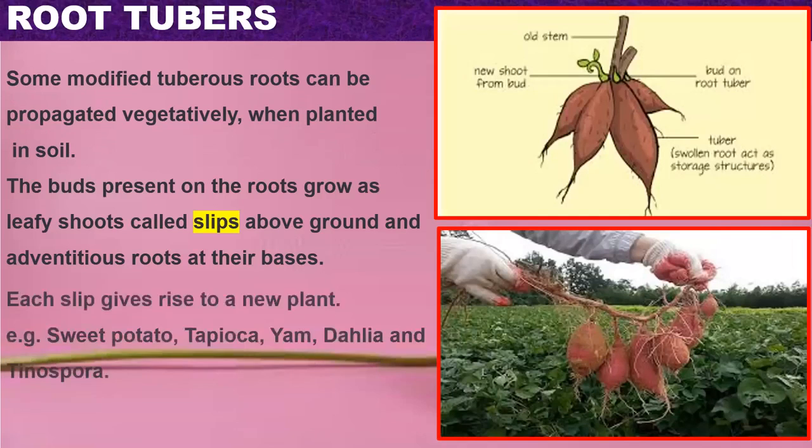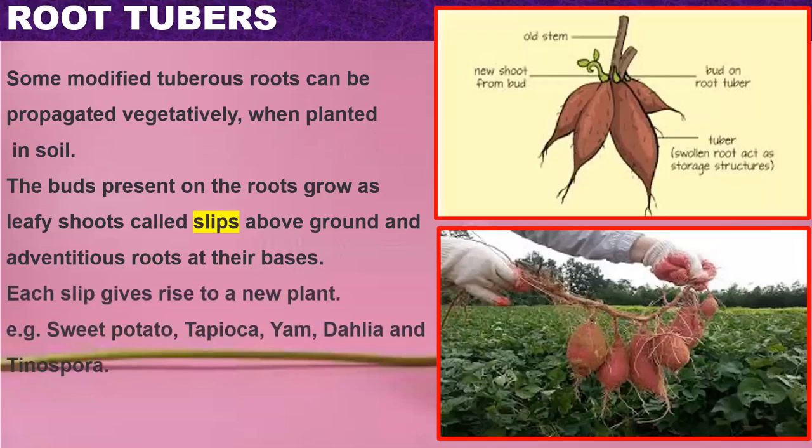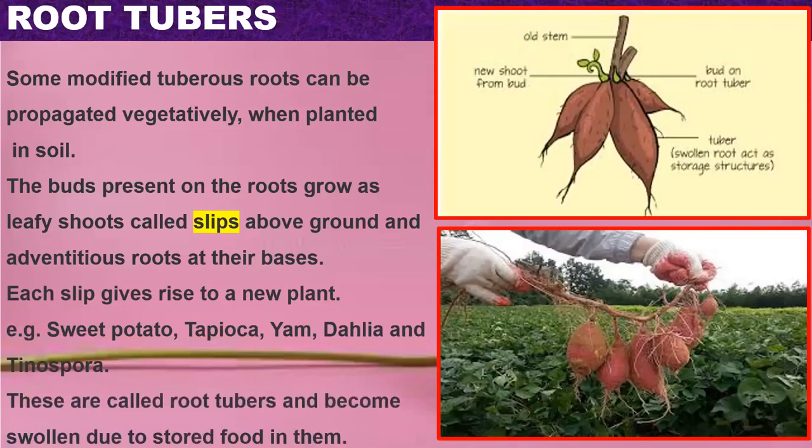Each slip gives rise to a new plant. Example: sweet potato, tapioca, yam, dahlia, and tinospora are some examples of root tubers. These are called root tubers and become swollen due to stored food in them.